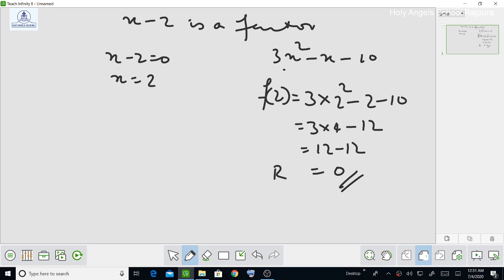This is the correct way we have proved that x minus 2 is a factor. In an exam, if the question comes like this, you have to do only up to here. Now, just to verify whether we have done it correctly, 3x squared minus x minus 10 is divided by x minus 2.